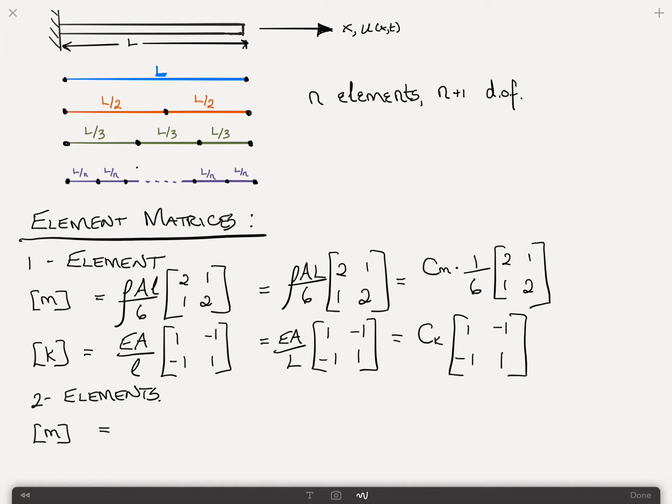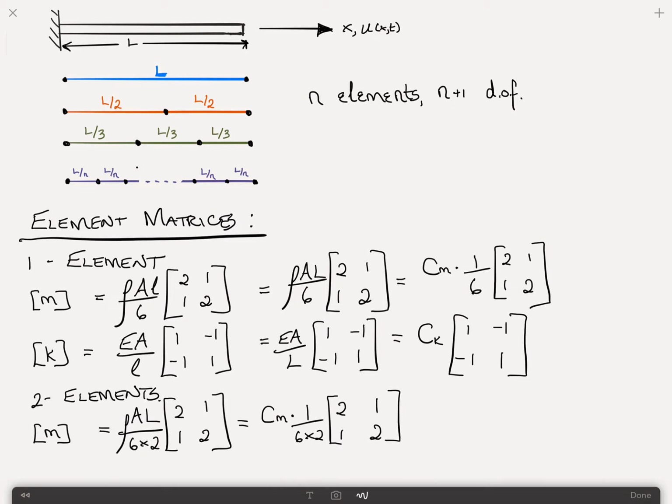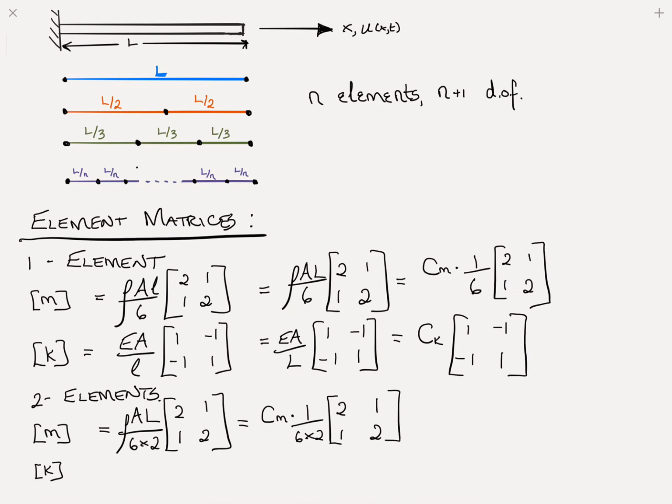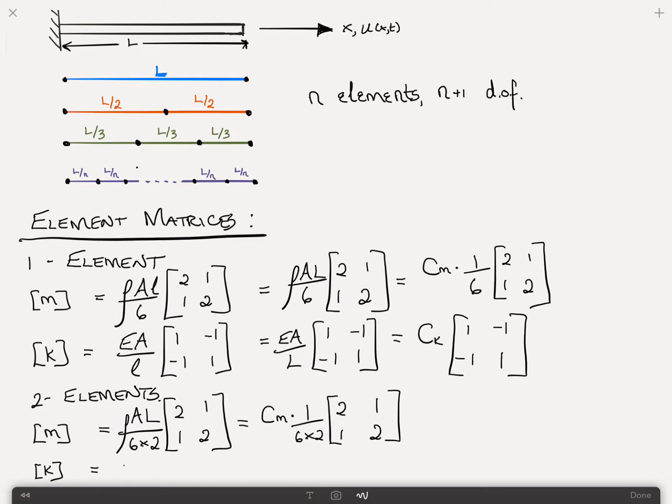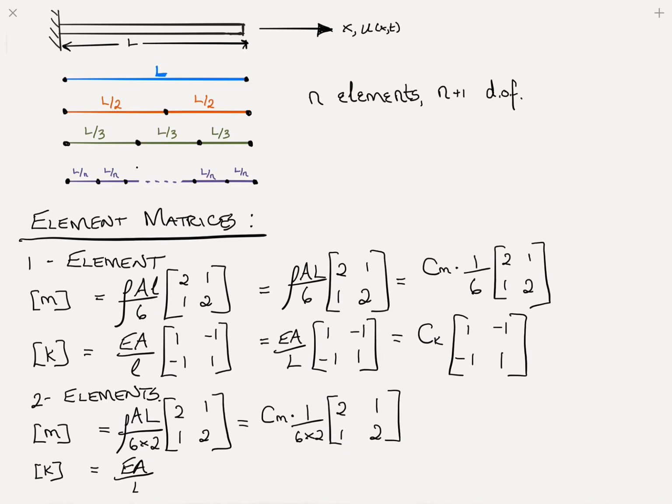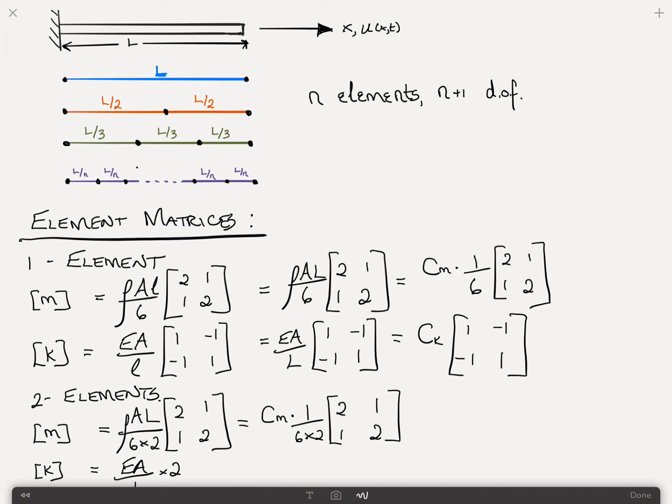If I substitute L over 2 now for little l, I will end up with rho A L over 6 times 2, times 2, 1, 1, 2, which equals Cm, and I'll write it like this: 1 divided by 6 times 2 into 2, 1, 1, and 2. And similarly, I will find the K matrix, which is equal to EA divided by capital L times 2, where I've substituted capital L over 2 here for little l.